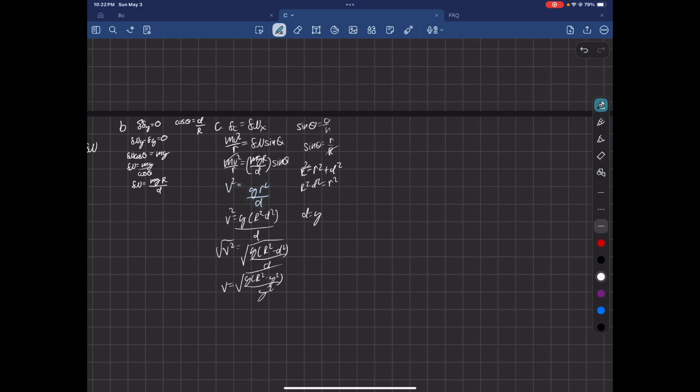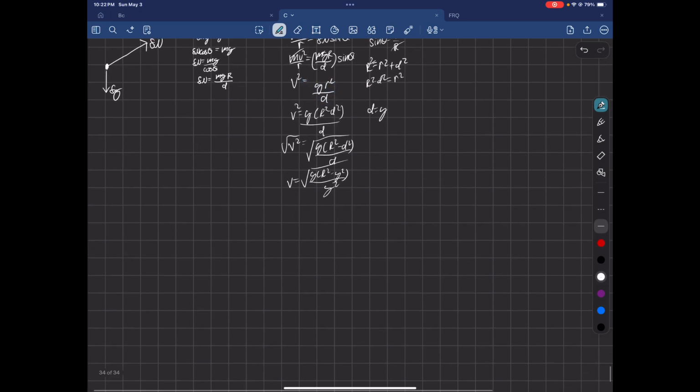Okay, so for part D, it asks us to derive an expression for the angular velocity of the ball in terms of r and y. So v is equal to r omega, and we can use this expression here that we found and substitute this in.